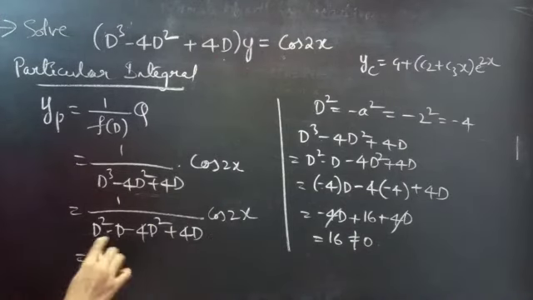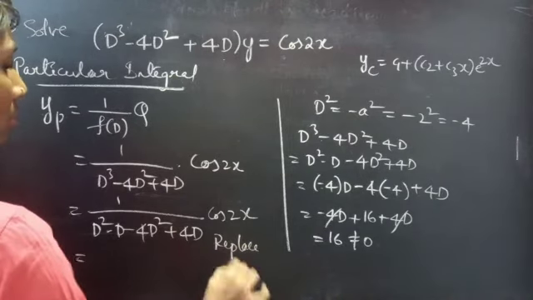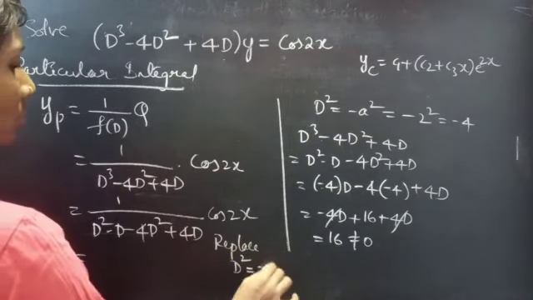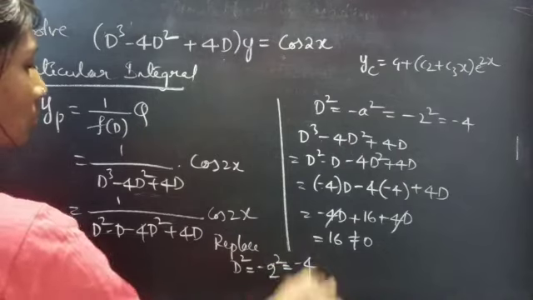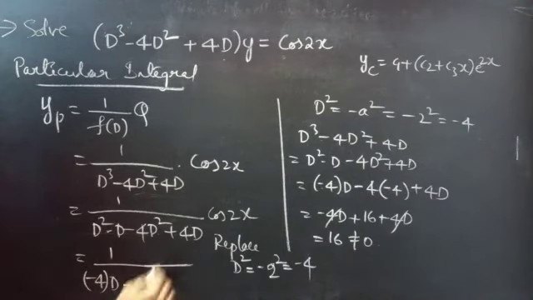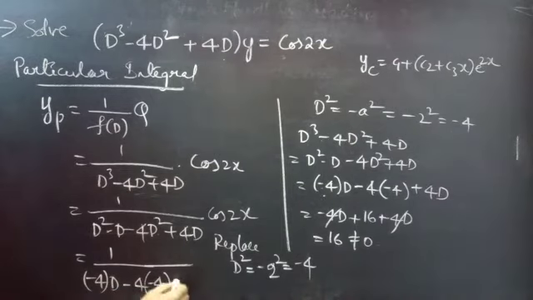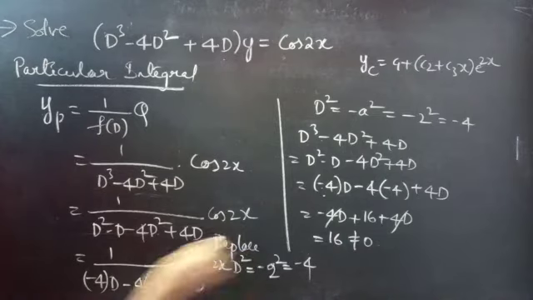Now we can replace D square by minus 2 square, which is minus 4. Then we get 1 by minus 4 into D minus 4 into, replacing D square by minus 4, and we just write the same terms here, 4D into cos 2x.